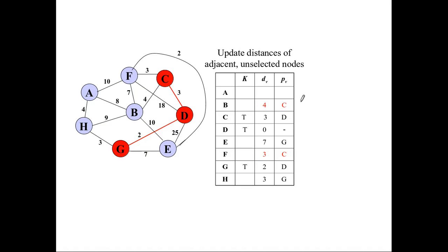Now out of all the unvisited nodes, that is 1, 2, 3 and 4, we have to select the minimum cost edge. The minimum cost edges are 3 and 3, that is F and H. So now we go by alphabetical order. So we select F, and how do I reach F? Via C.